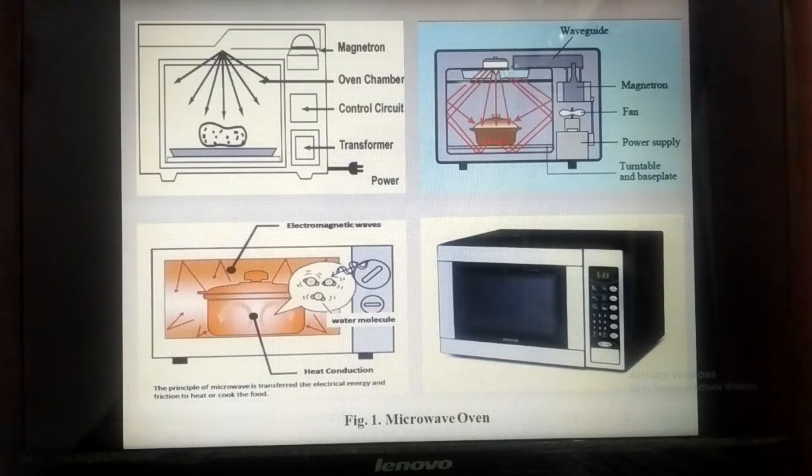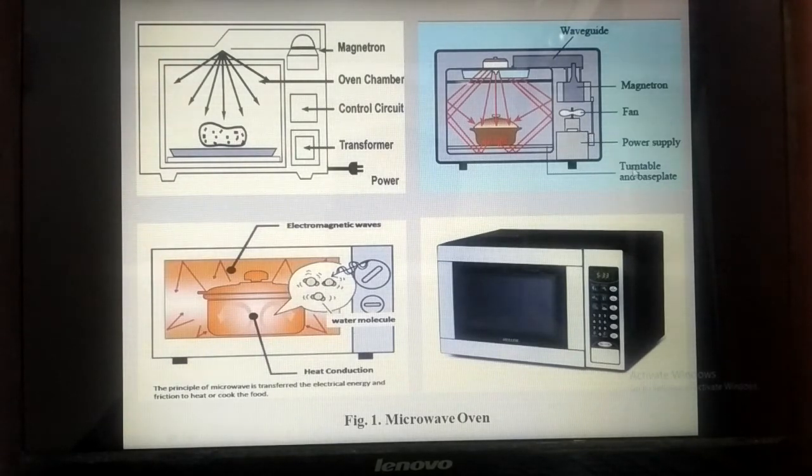Okay, this is how to cook food. This is the waveguide, and this is the magnetron. The magnetron produces electromagnetic waves and transfers them to this chamber through the waveguide. This is the power supply and fan.